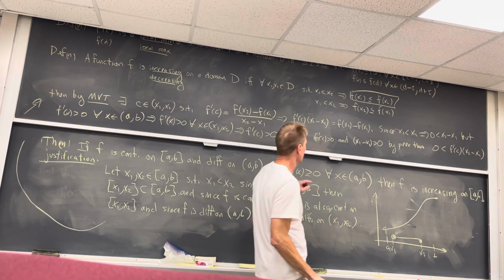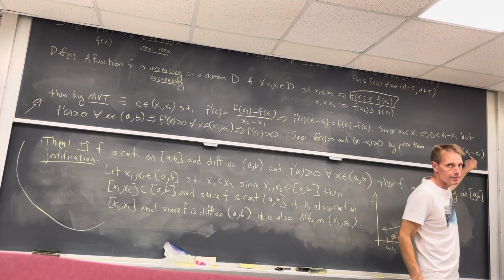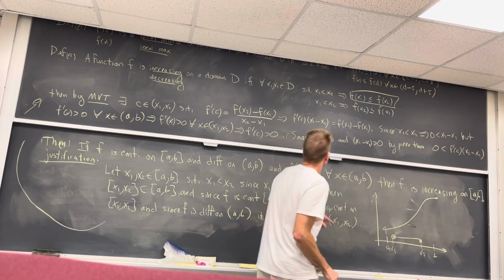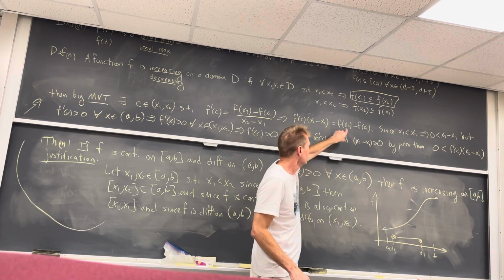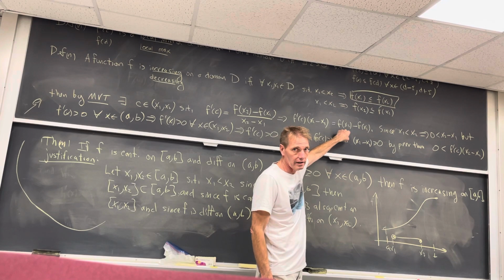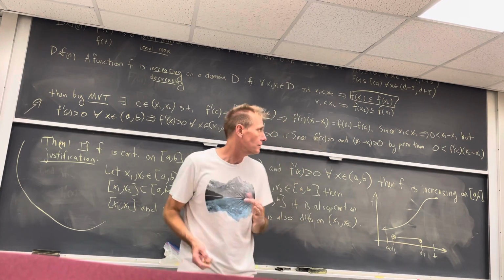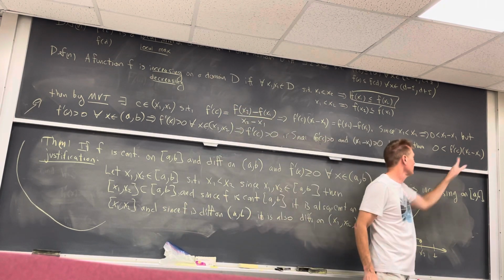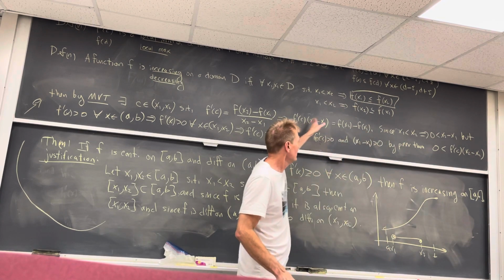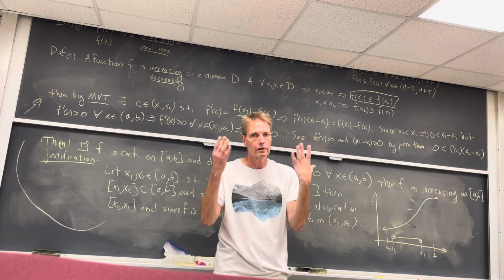Okay, but if A is less than B, and B is equal to C, then what's the logical conclusion? If A is less than B, and B is equal to C, what's the logical conclusion?